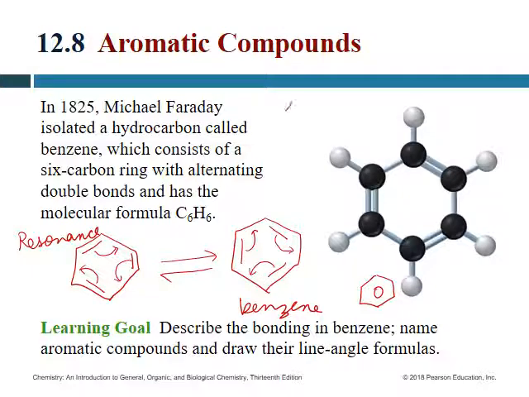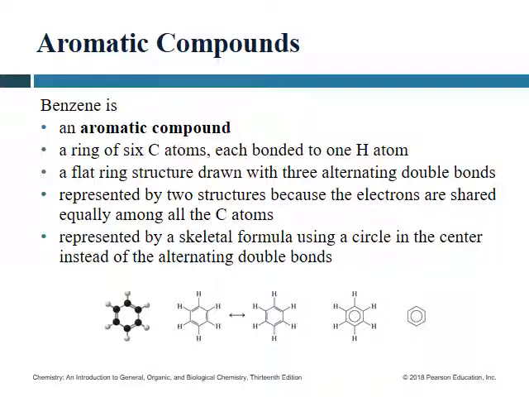Benzene can be written in this form with double bond, single bond, double bond, single bond, double bond, single bond, or you could simply write it like this. This is also a benzene, and any compound that consists of benzene is an aromatic compound. Okay, so like I showed you, these double bonds keep on rotating, so you can simply write it in this form.